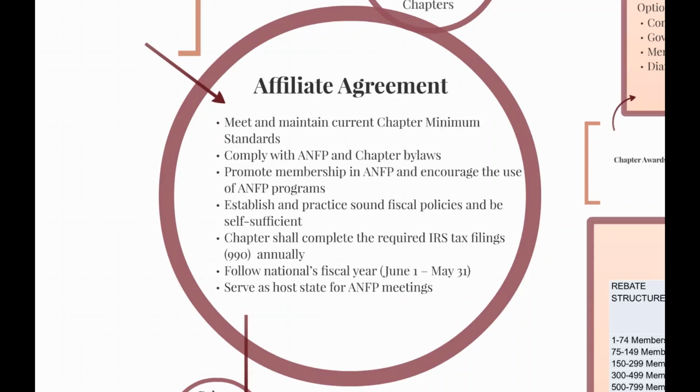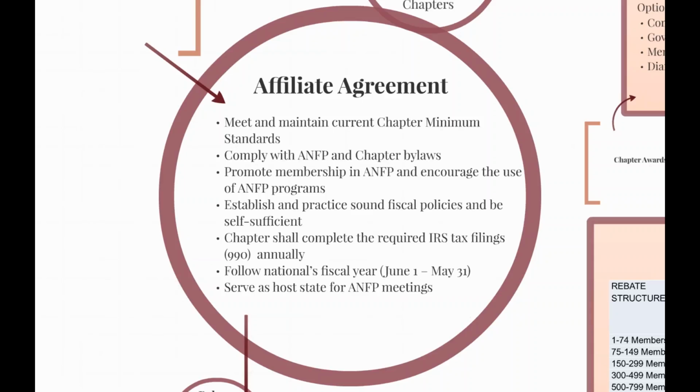And so in return, our chapters agree to meet and maintain our chapter minimum standards, which we'll go over in just a little bit. We also ask you comply with ANFP and your chapter bylaws. Some of those will vary from state to state. We ask you to partner with us in promoting the membership in ANFP because that really does benefit both groups. And of course, using our ANFP programs also benefits both groups.